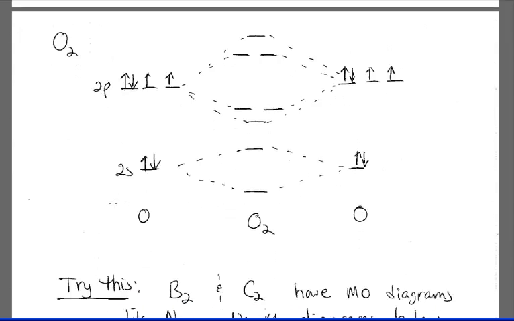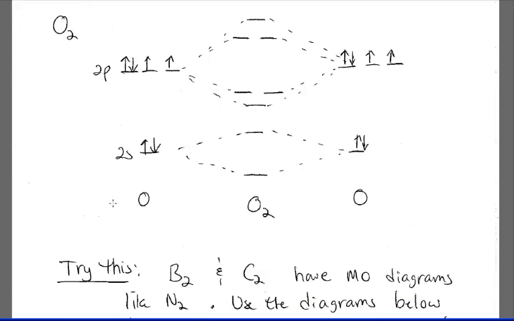So we'll draw the oxygen molecular orbitals here. These 2 have been reversed. Okay, so this one is the sigma 2s, sigma star 2s. They're for the 2s. And then down here we have sigma 2p, pi 2p, the pi's have 2, pi star 2p, and sigma 2p, sigma star 2p.